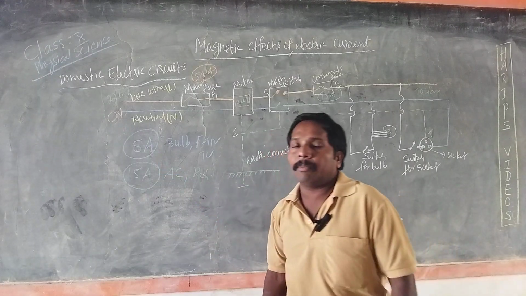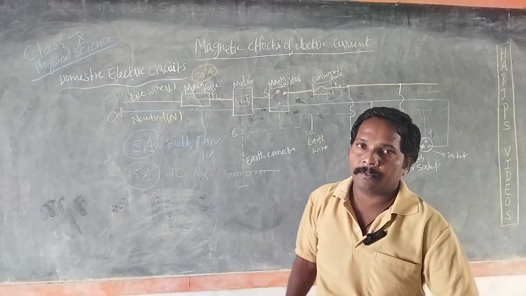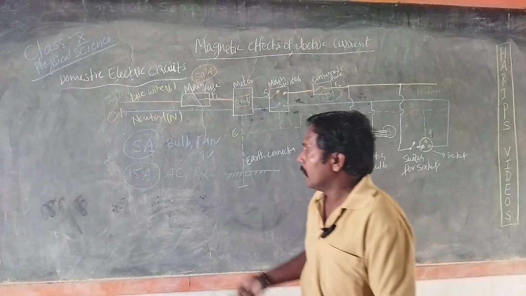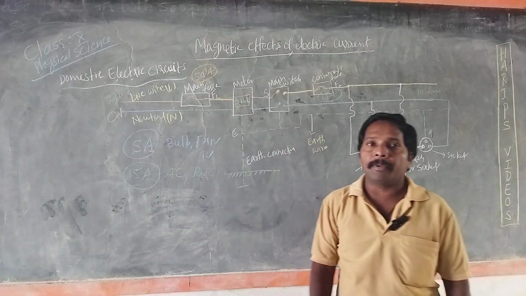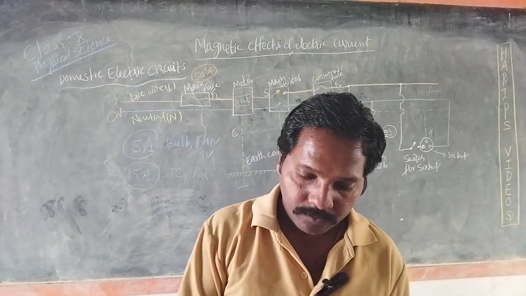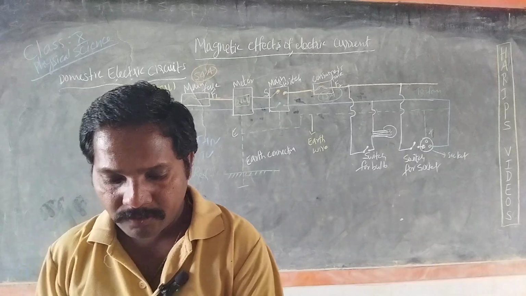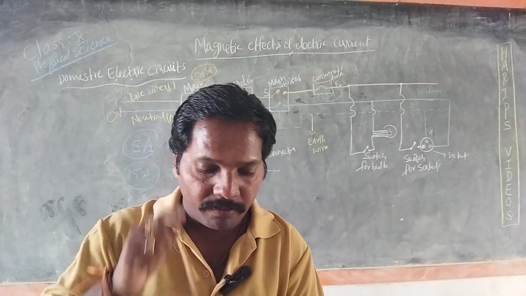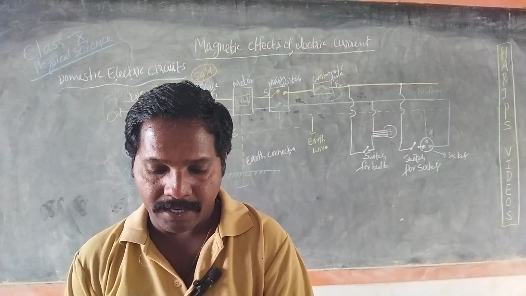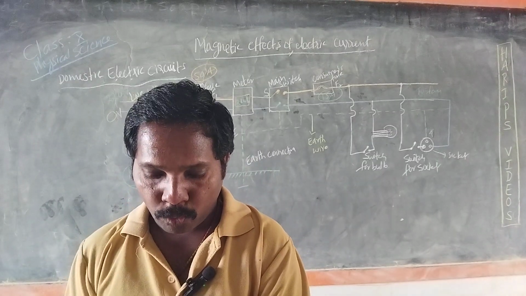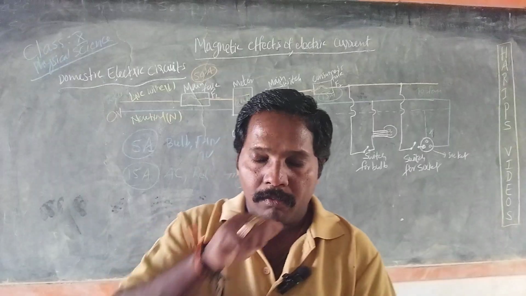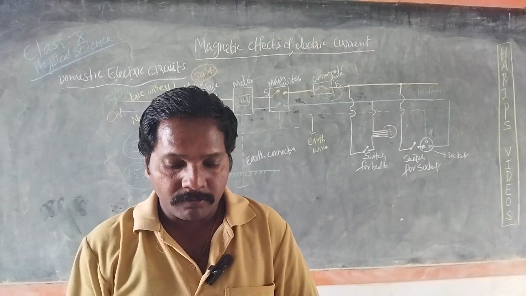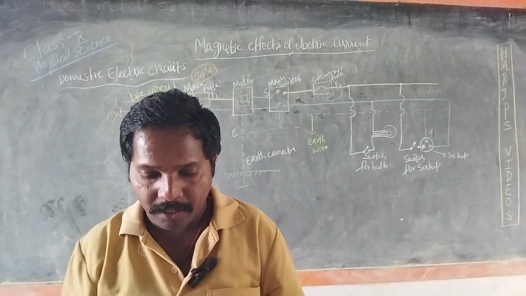Some electrical appliances consume more energy. For them we give a 15 ampere connection. The lighting circuit is for running low power rating devices. The power circuit is for running high power rating devices such as electric iron, room heaters, geysers, electric stove, and refrigerators, which draw heavy current.